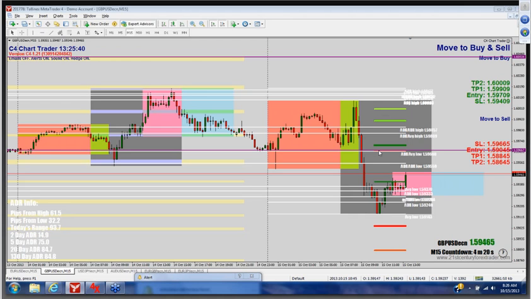Average range, well, today we've moved about 90 pips, 93 pips to be exact. Our average range, again, is a little bit lower. We're in the 80 to 90 range here on the pound USD. Again, another currency pair that has been very range bound.